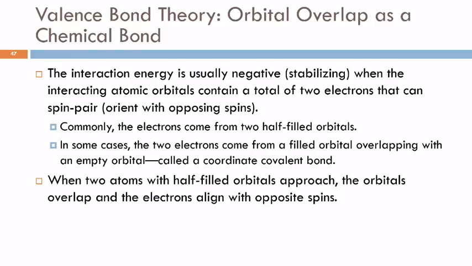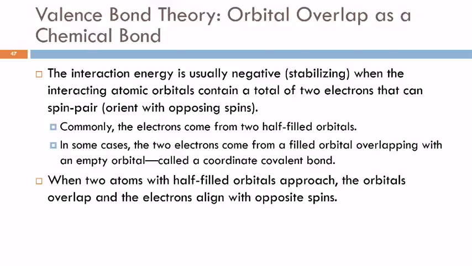So that interaction is usually negative. It's stabilizing when the interacting orbitals have a total of 2 electrons, and those 2 electrons can spin pair, orient with opposing spin. So usually what happens is the electrons come from 2 half-filled orbitals. One atom has a half-filled orbital, and the other atom has a half-filled orbital.